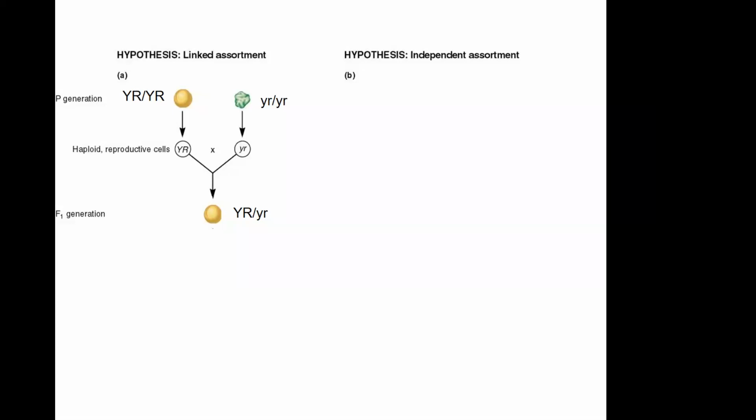So together, this represents a locus. And also, they each represent one of the homologs of a homologous pair of chromosomes.